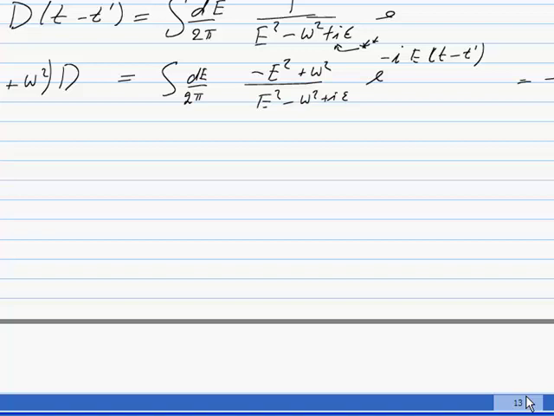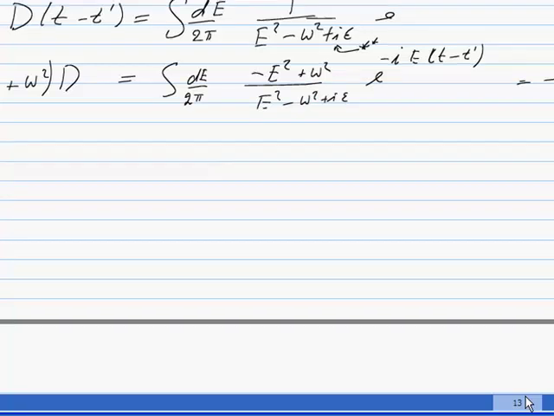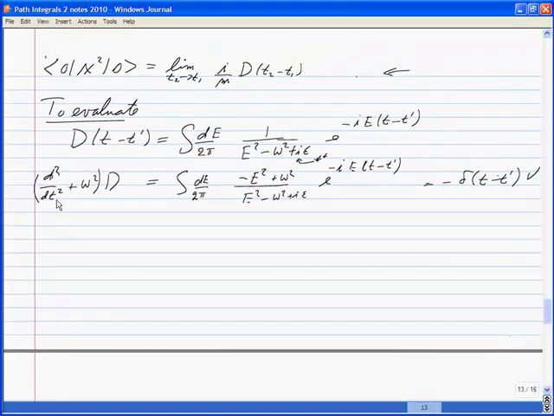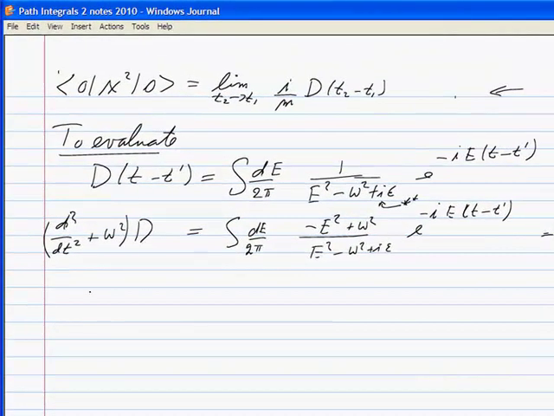Okay? So the i epsilon was for convergence. In a sense, it comes from the fact that I want the times to run the right way. The time ordering is important, causality.